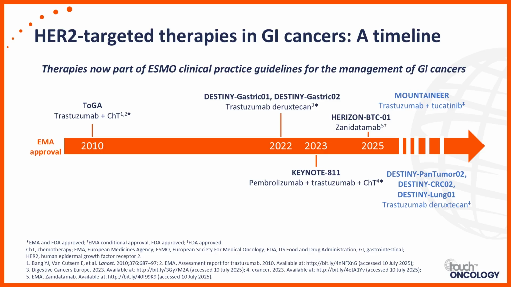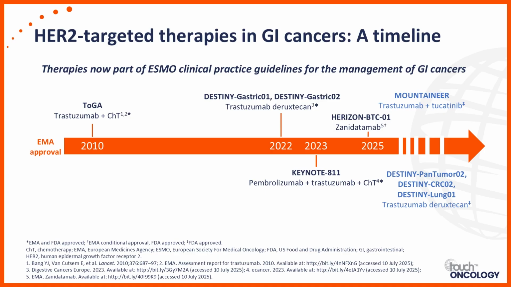It's only in the last 3 years that we see new data coming through, starting with the antibody drug conjugate trastuzumab deruxtecan. Afterwards, pembrolizumab and trastuzumab in HER2 positive gastric cancer.